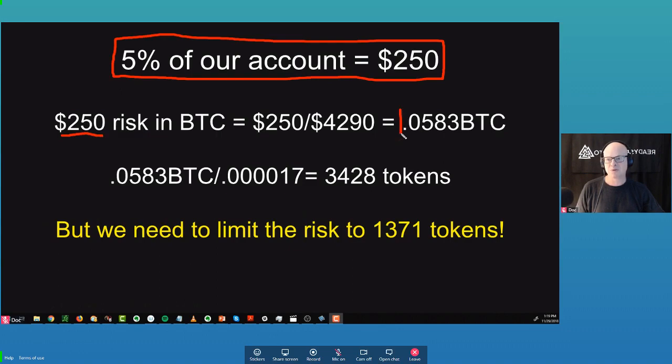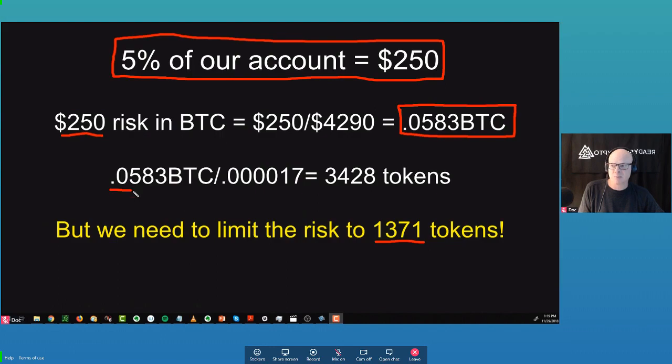The entire position is risking 0.0583 BTC. That is 5% of my account. But remember, we need to limit the risk to 1371 tokens. That hasn't changed. Remember from the earlier example, that risk of 2% is 1371 tokens.